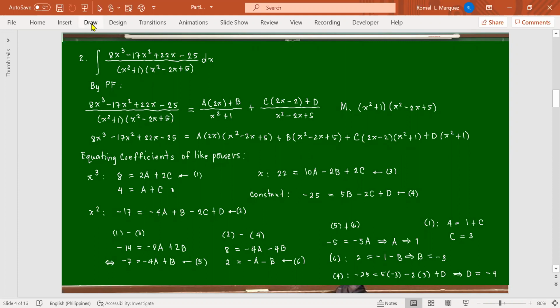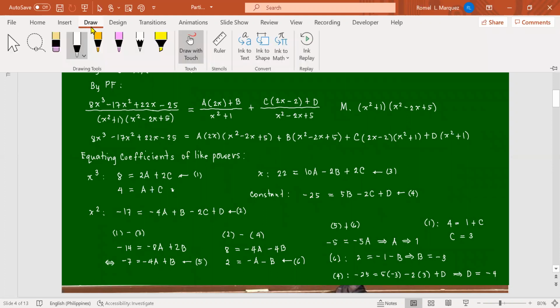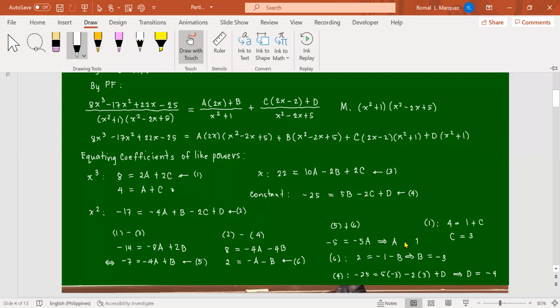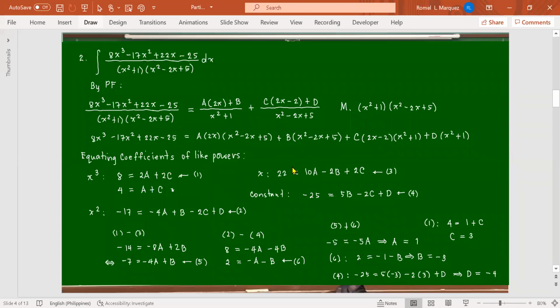Okay, we're done with the values of the arbitrary constants a, b, c, and d. Let's mark those values: a equals 1, c equals 3, d equals negative 4, and b equals negative 3.